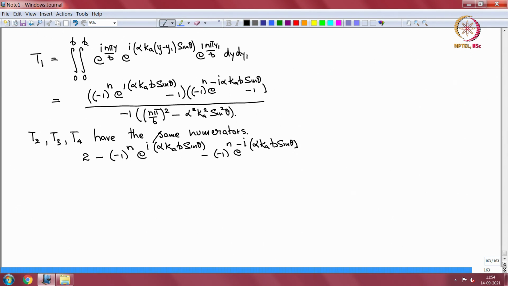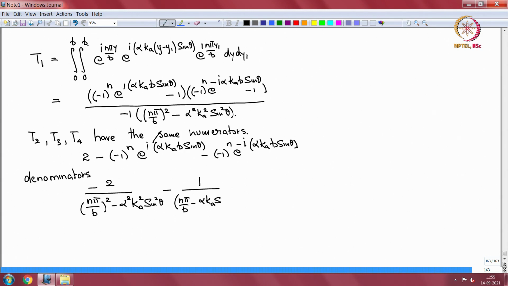And what are the denominators? One has a doubling, so you get minus twice (n pi by b) whole squared minus alpha squared k a squared sine squared theta, minus 1 by (n pi by b minus alpha k a sine theta) whole squared, minus 1 by (n pi by b plus alpha k a sine theta) whole squared.